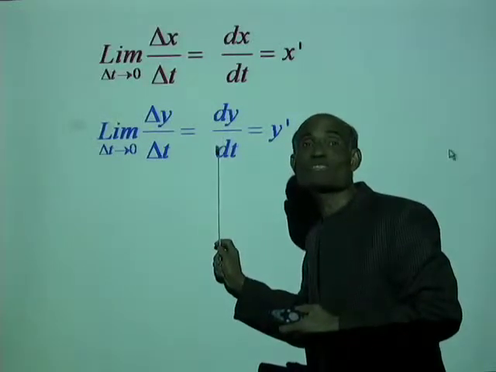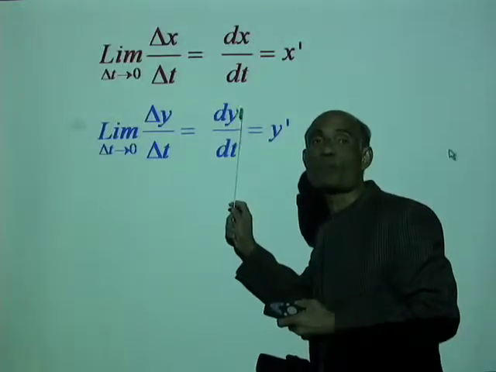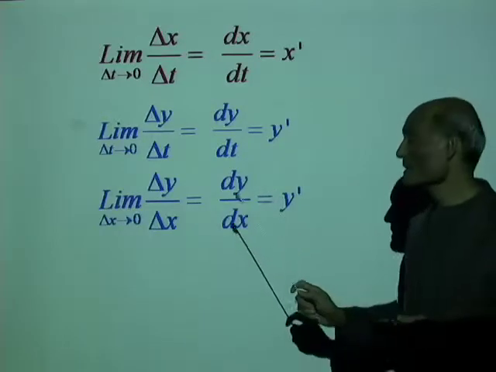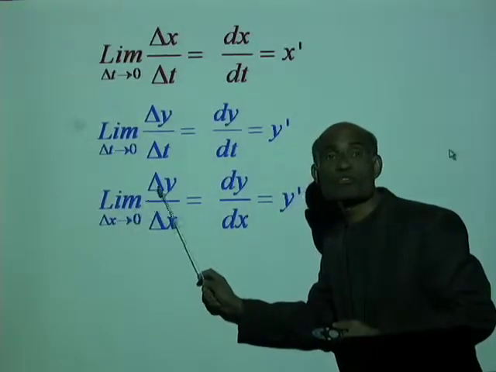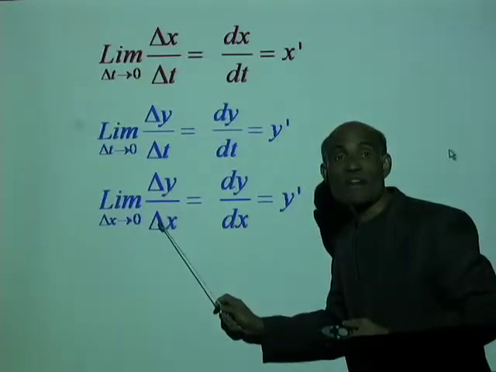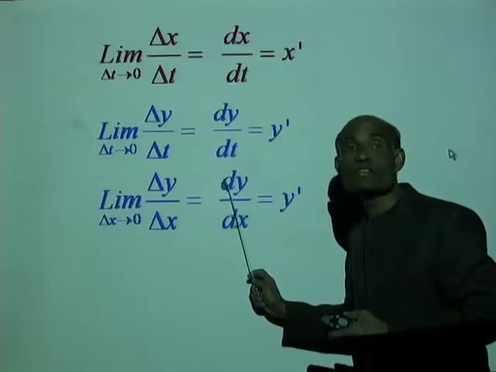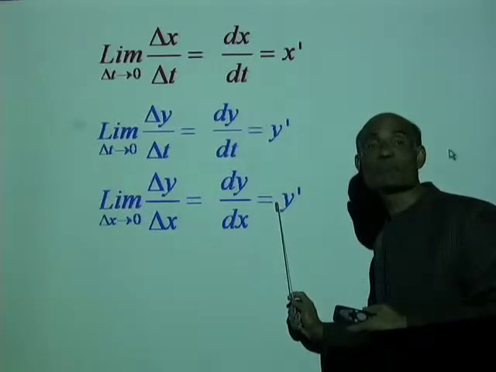The slope of the secant line at that instant is called the derivative of y with respect to t, or y prime. Similarly, limit delta x approaches zero, delta y by delta x, this time the independent variable is x, is dy by dx, is also called y prime.